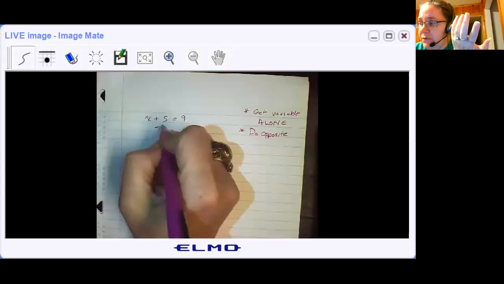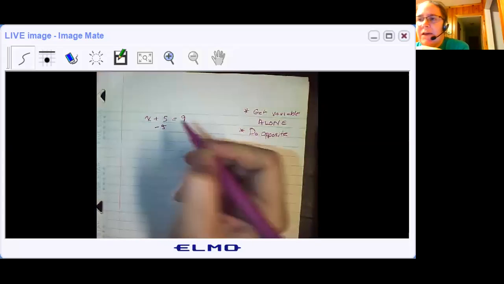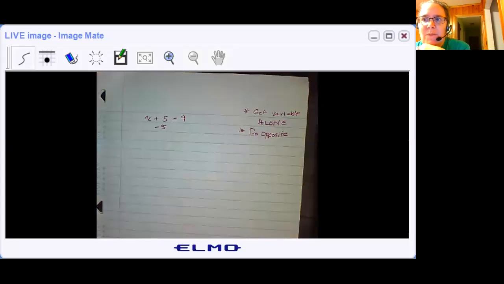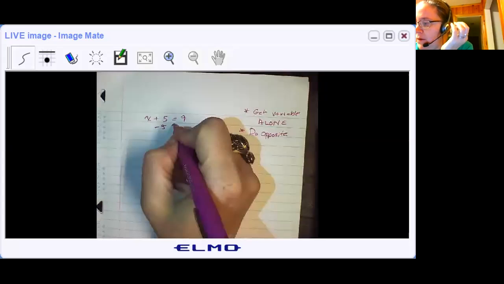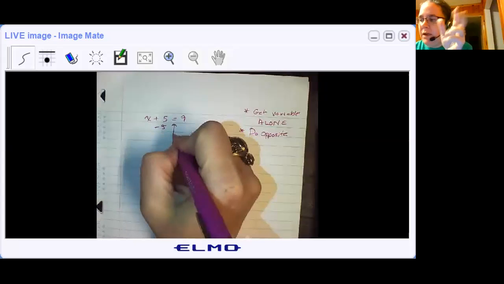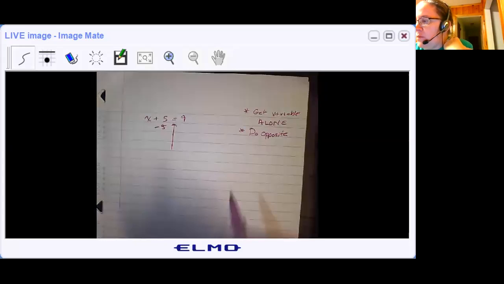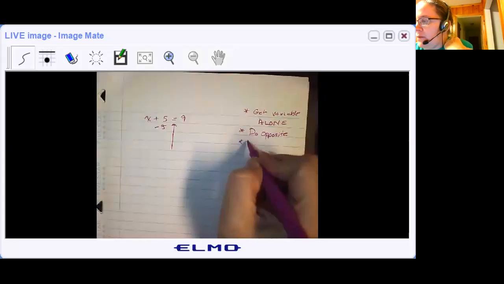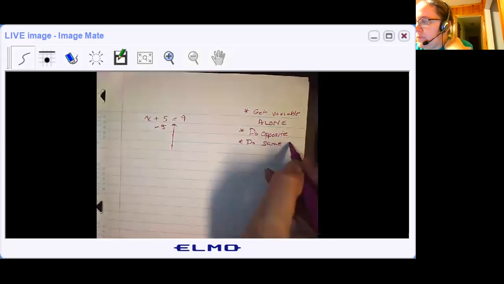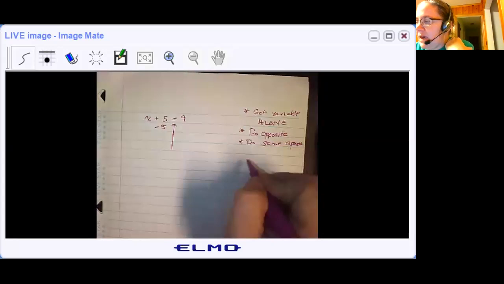I subtract 5. But every equation is like a balance. You have to keep what you do the same on each side. So I perform the same operation on each side.